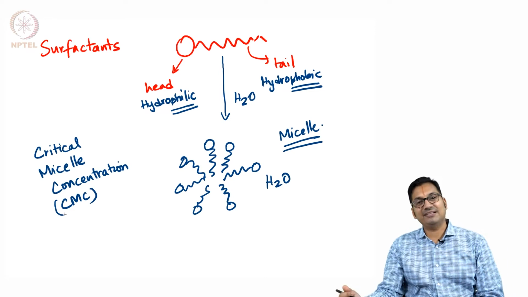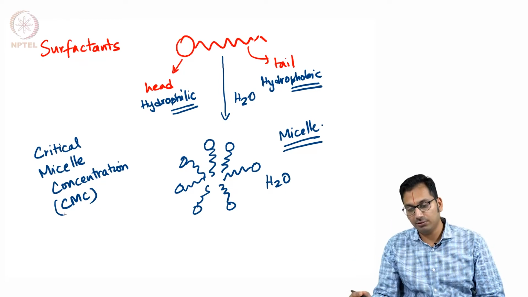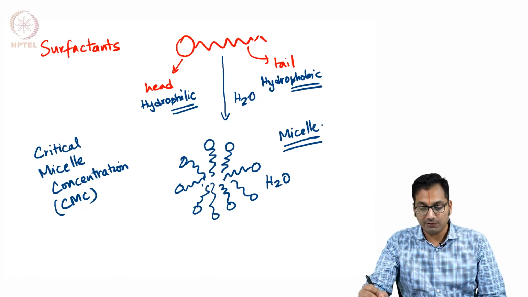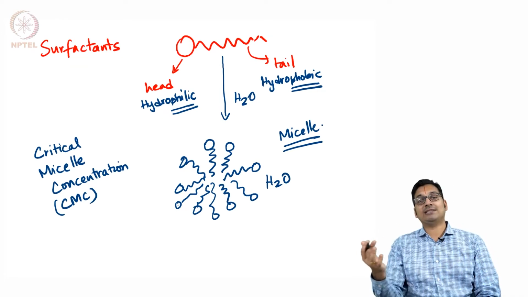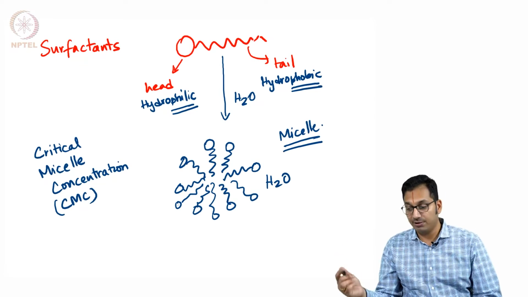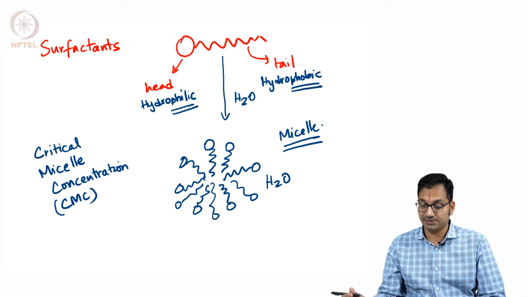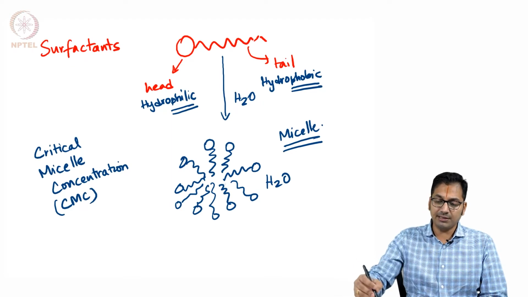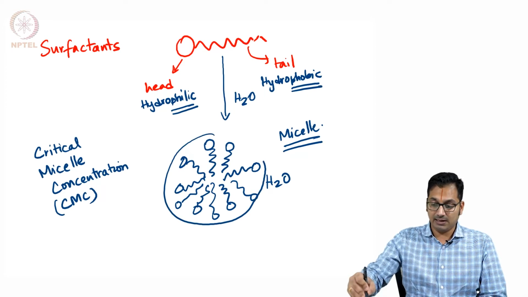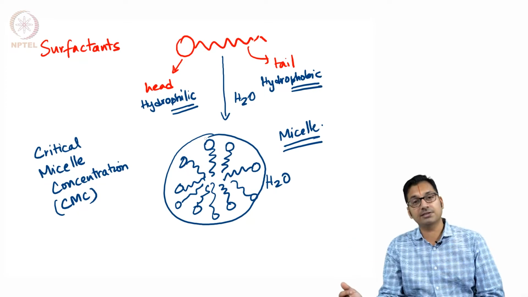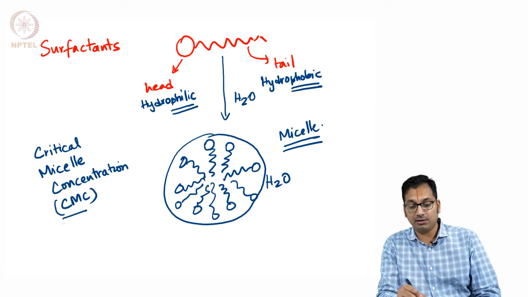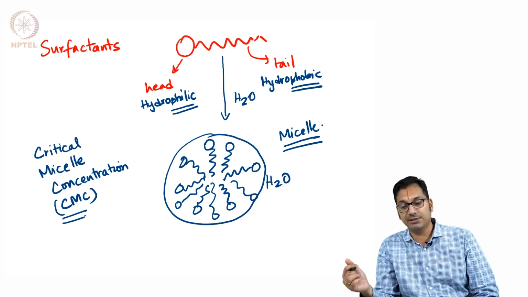Of course, this has nothing to do with the course, but all that we are trying to do is take up an example such that we can understand whatever we have spoken in English, what it actually means in a laboratory case. Now that you see such a system, as the concentration keeps on increasing, these micelles tend to form. Then we would like to know at what critical concentration they actually form this species.